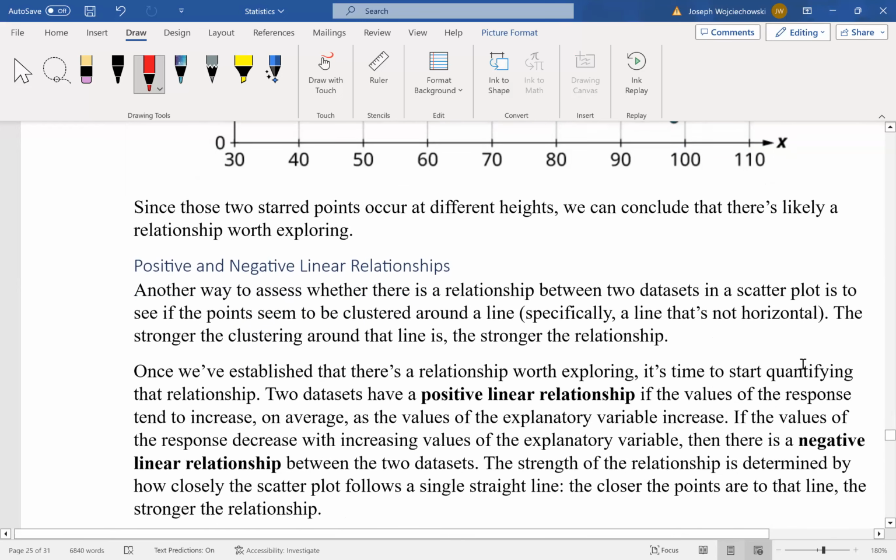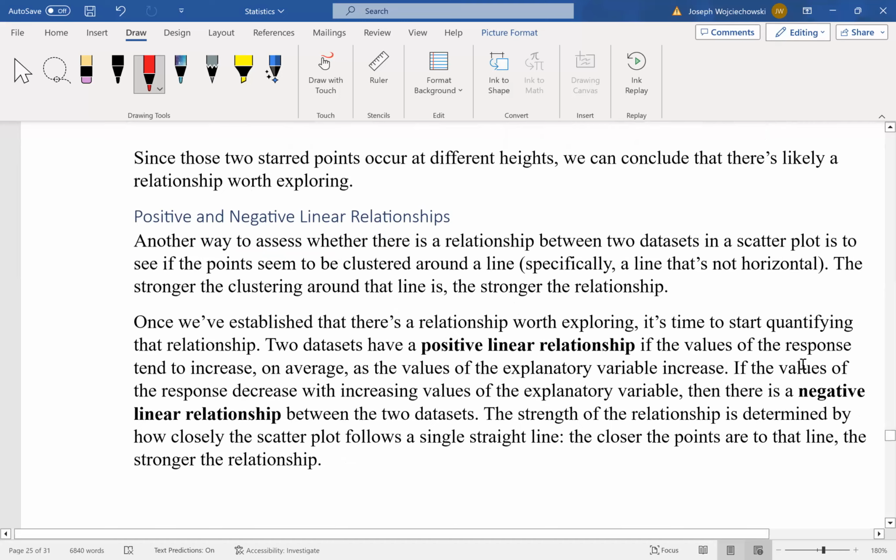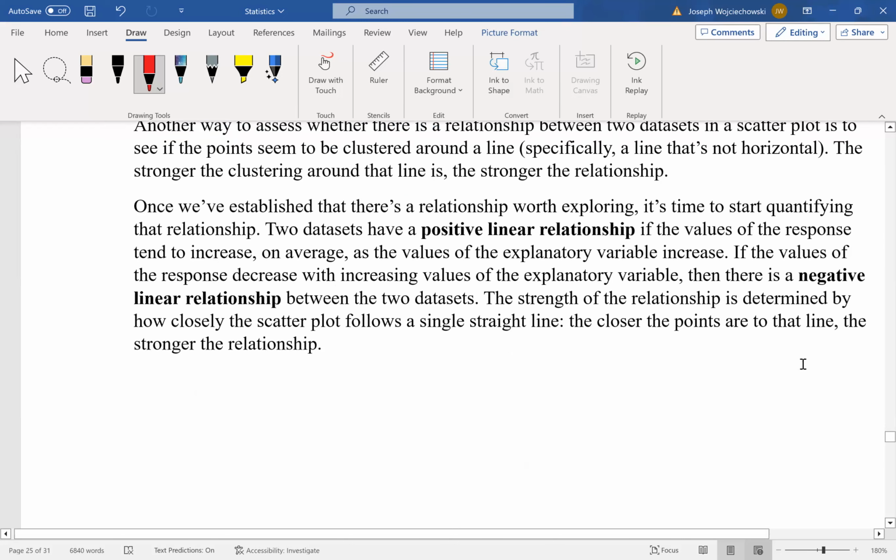Then we look at positive and negative linear relationships. Another way to assess whether there is a relationship between two data sets in a scatter plot is to see if the points seem to be clustered around a line, specifically a line that's not horizontal. The stronger the clustering around that line is, the stronger the relationship. Once we've established that there's a relationship worth exploring, it's time to start quantifying that relationship.